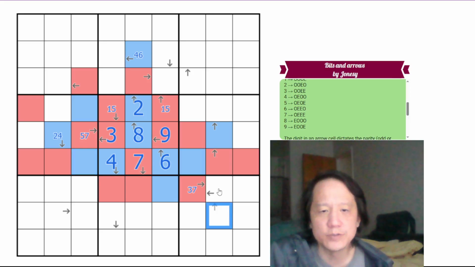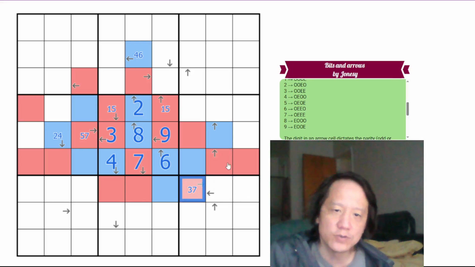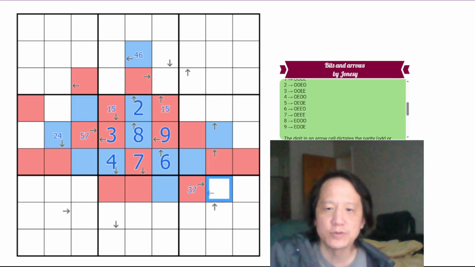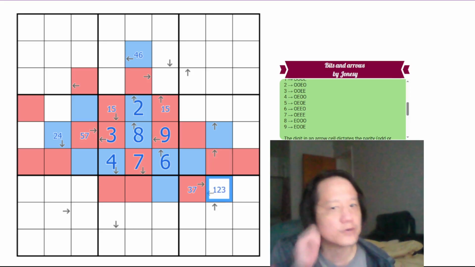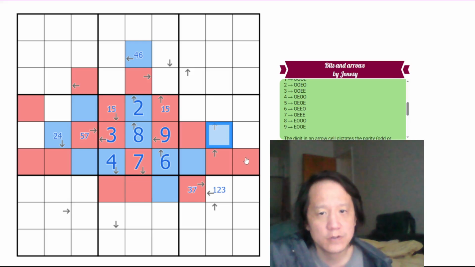2 and 8, 2 and 8. We don't have any information. This is 1, 2. So odd, odd. Which gives us 1, 2, or 3. We don't know which, though. This is even as the first digit, odd, and even as the last digit. So even, odd, odd, even is 9.